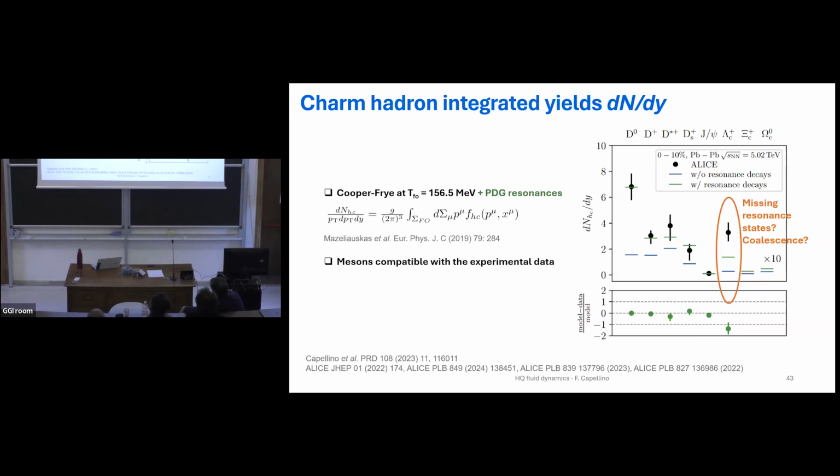Within our model, this could still be explained by the presence of resonance states that feed down to the Lambda C but have not yet been measured, or otherwise completely different approaches that use coalescence can also manage to describe this integrated yield. Our approach is pretty general, so it's not hard to compute different species of particles, and we can propose predictions for baryon states that have not yet been measured.